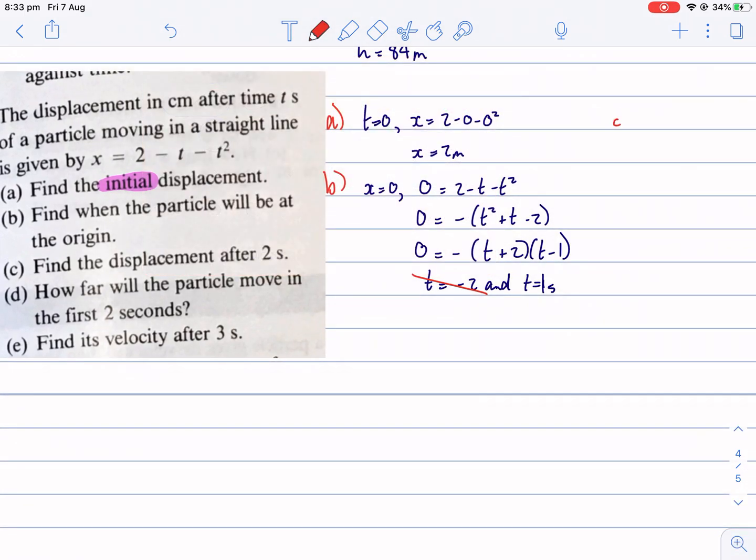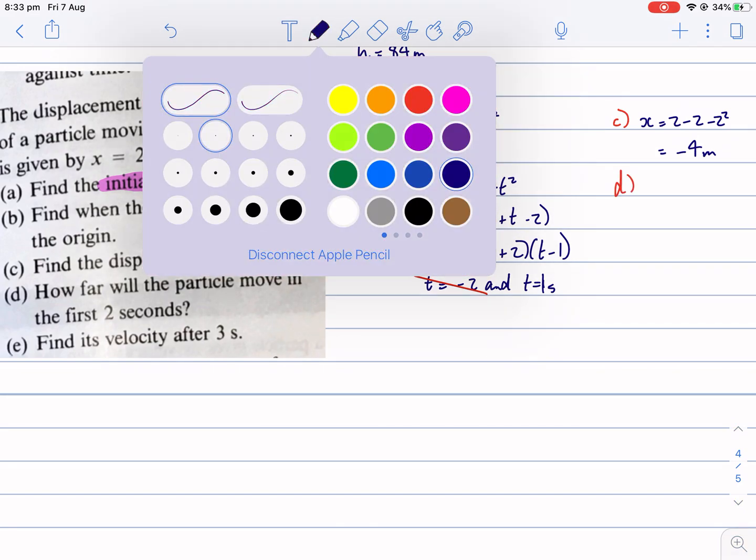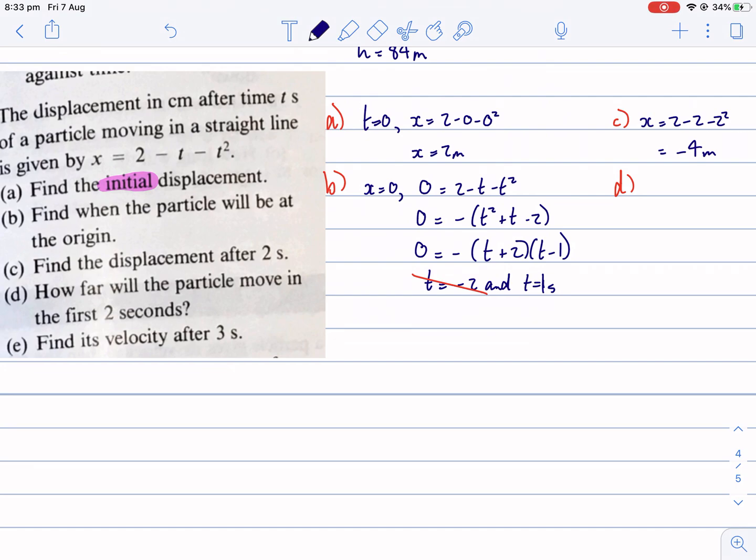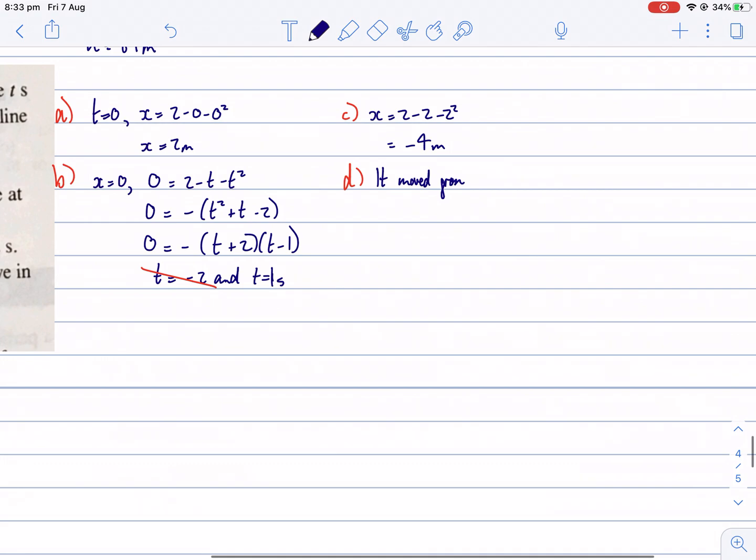Okay, question C. Displacement after 2 seconds. So x equals 2 take 2 squared, so that's -4 meters. How far will it move in the first 2 seconds? Well, if it started at 2 meters and ended up at -4 meters, it moved from 2 meters to -4 meters, so 6 meters.